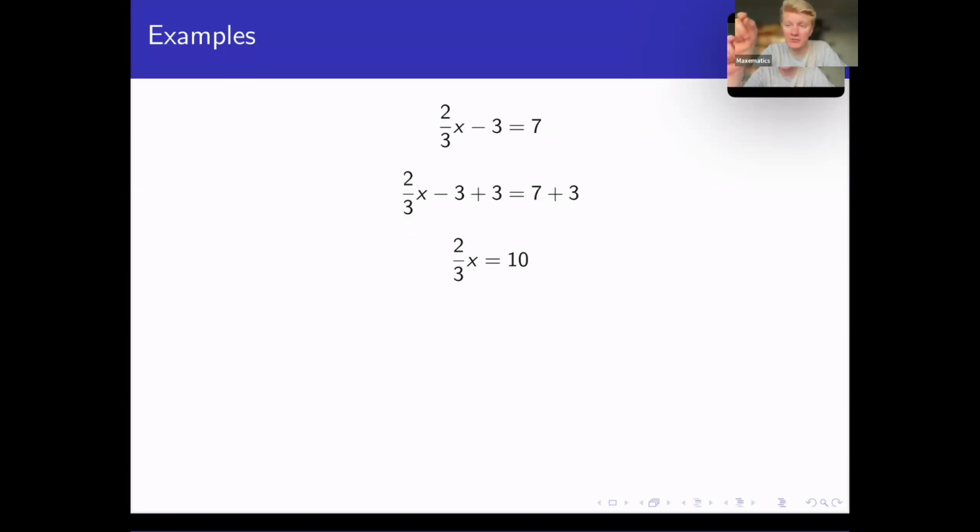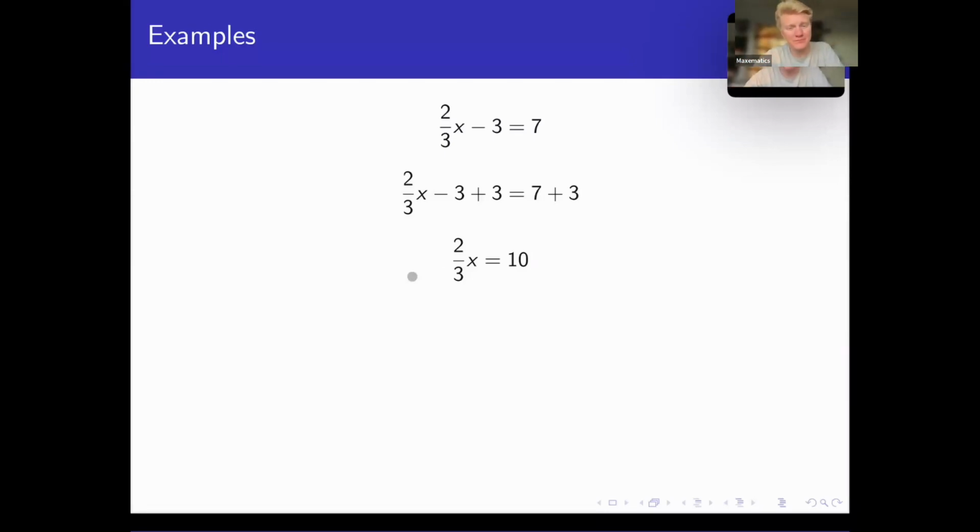When we divide by 2/3, keep, change, flip would say multiply by 3/2, right? Keep whatever we're multiplying, change the sign to multiplication, and flip the thing that you are dividing by. If we're dividing by 2/3, that would be the same as multiplying by 3/2, right?